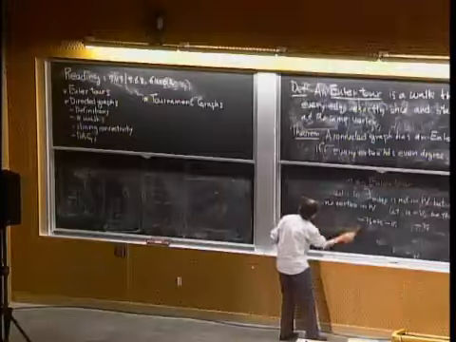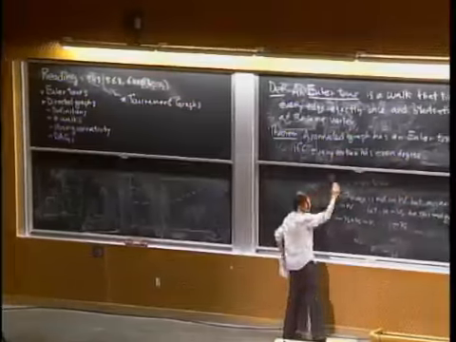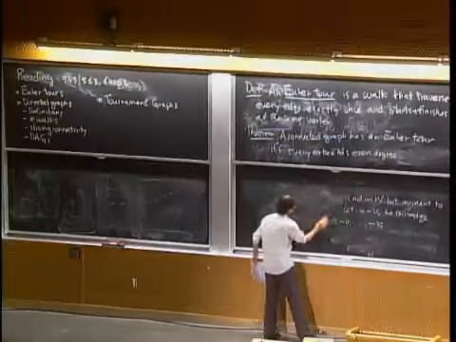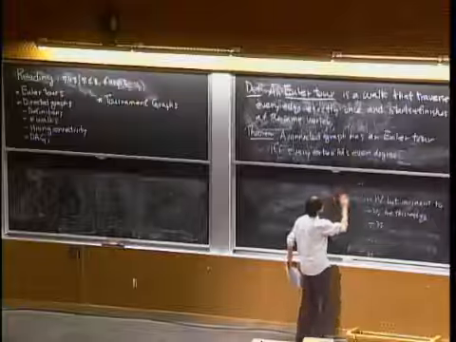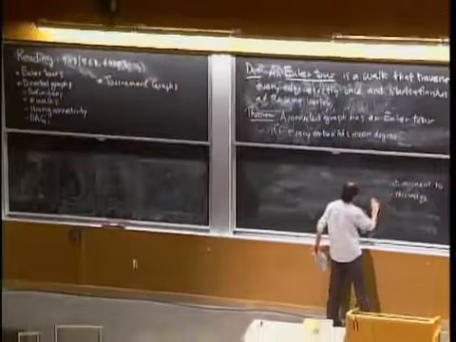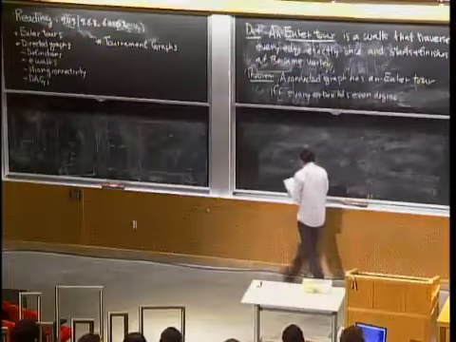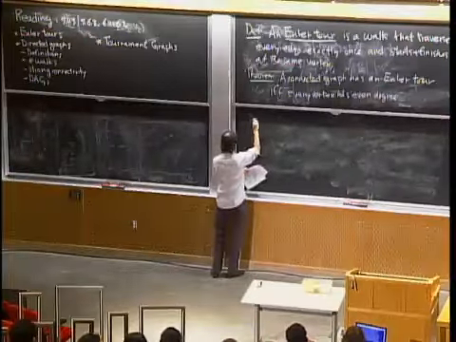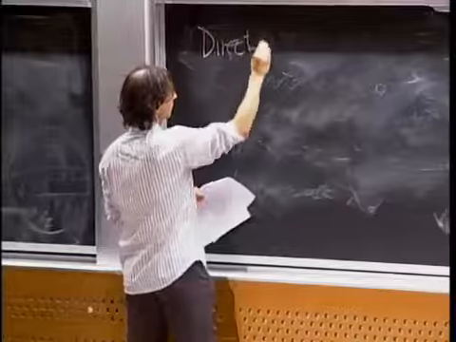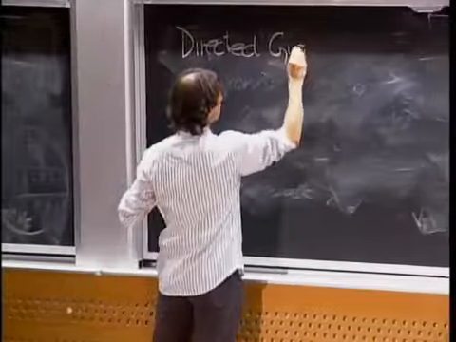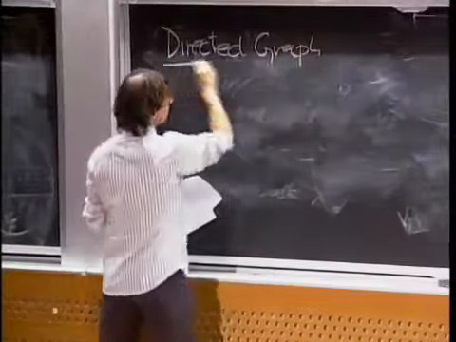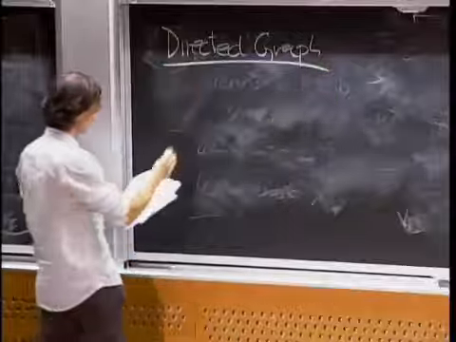Okay, so what are directed graphs? Directed graphs are graphs where we have edges that have a specific direction. So we can walk from one vertex to the other. Well, let me just depict an example. For example, we could have something that looks like this.